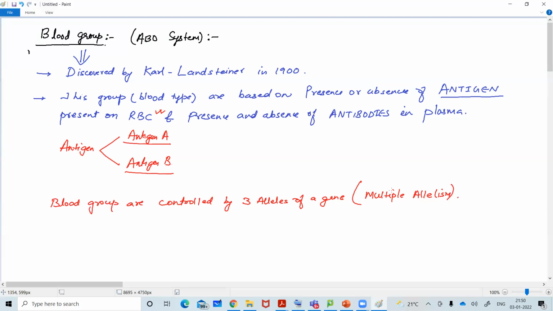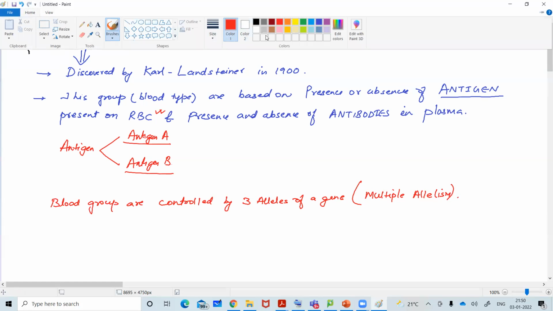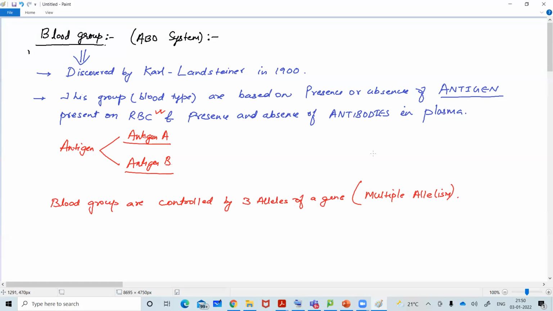Now, if I talk about Mendel's discovery, Mendel said one thing, that one gene, one character. He gave this hypothesis. This means that one gene always controls one character.